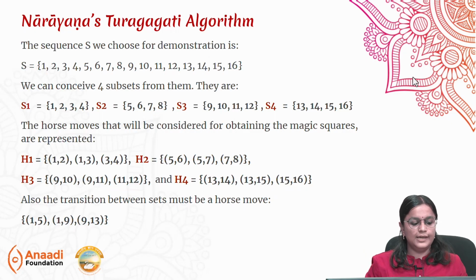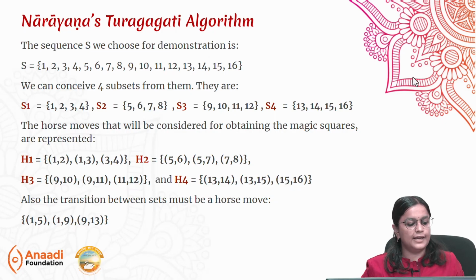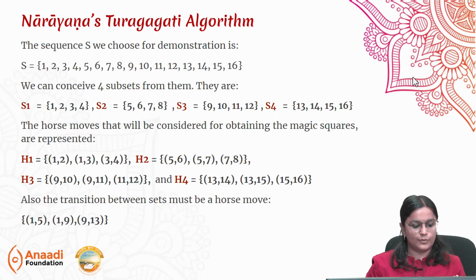So as you can see, we have broken our sequence into 4 subsets, creating S1, S2, S3 and S4. The horse moves that will be considered for obtaining the magic squares are presented in this fashion: H1, H2, H3 and H4.